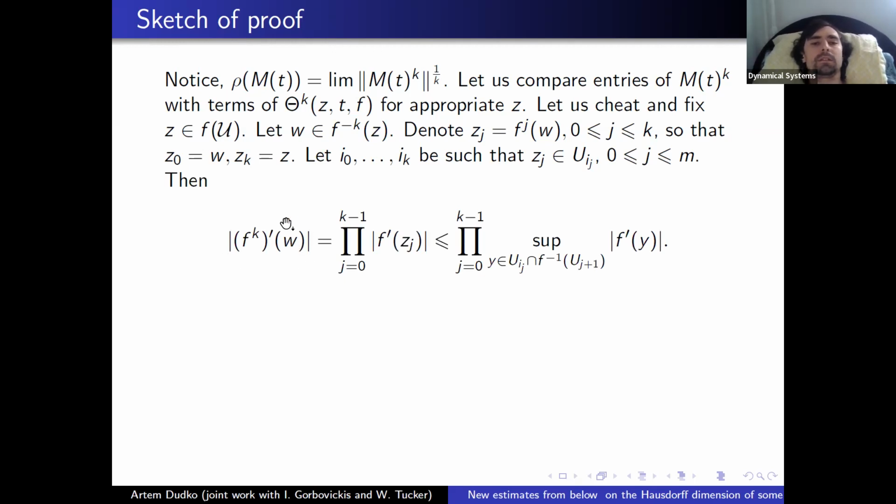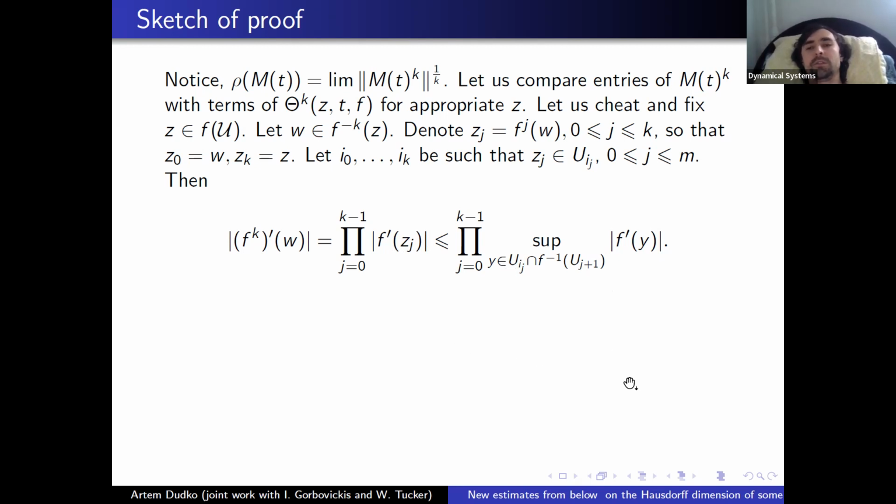Then the derivative of the k-th iterate at w, a term which appears in the quantity theta k, is the product of derivatives at points zj. But each of these derivatives we can replace by the suprema of the derivatives over points from the same region zj belongs to.